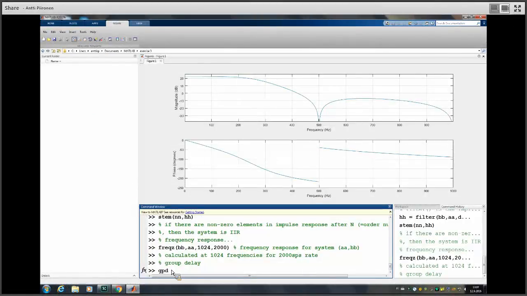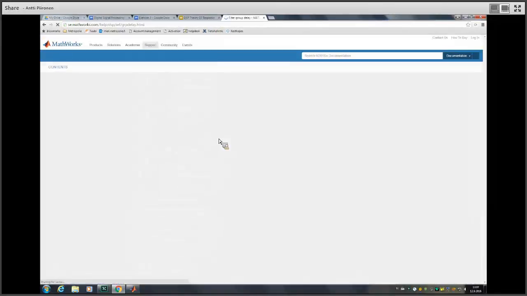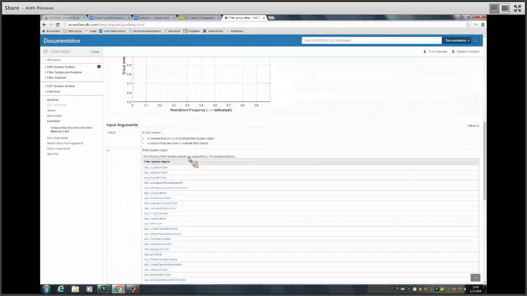grpdelay is the group delay of the system. I think it's the same as previous, so b, a, I would guess this will work. Maybe. Maybe not. That'll be the old-fashioned version. Do we have to change the parameters?